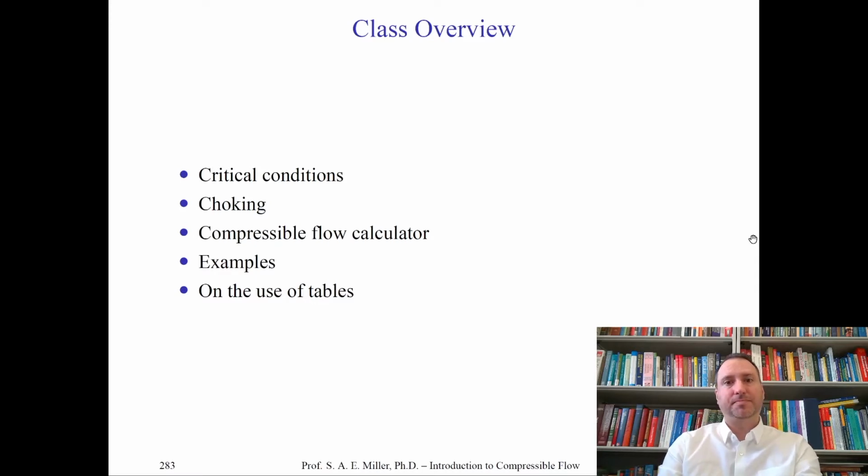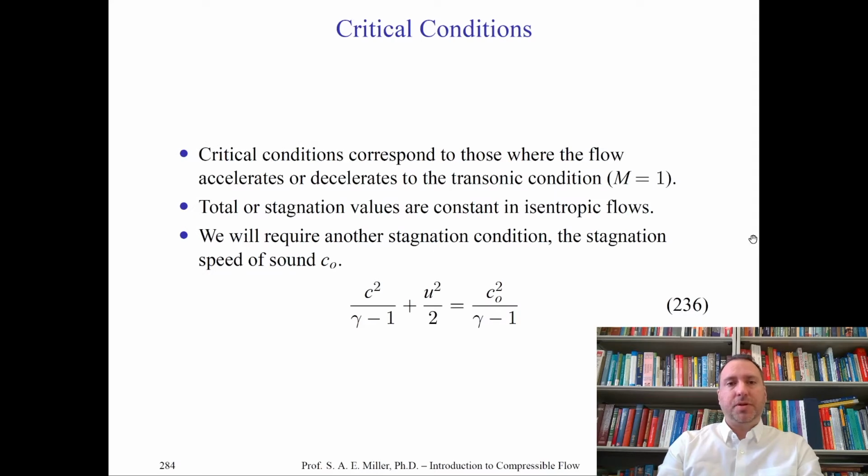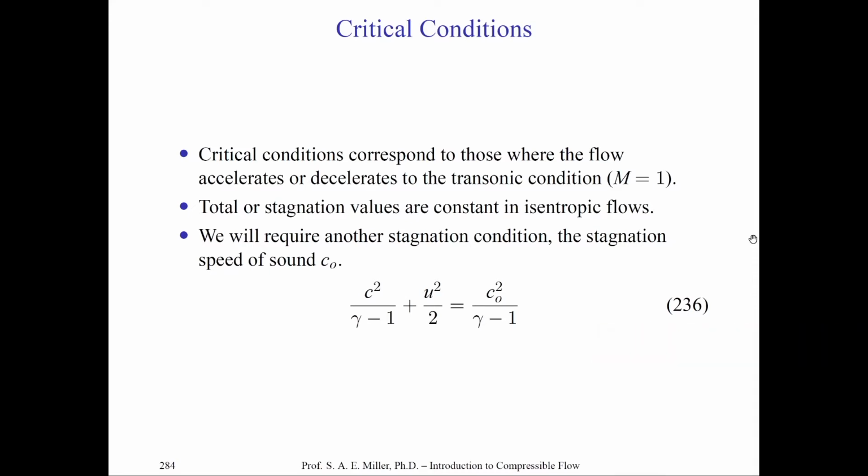Let's get started. First, let's introduce the critical concept, if you will, of the critical conditions. Critical conditions are those where the flow accelerates or decelerates to the transonic condition, which is Mach equals 1. Stagnation or total conditions, as you recall, are those where we isentropically bring the flow to rest, the thermodynamic values in particular, for example, P naught, rho naught, and T naught.